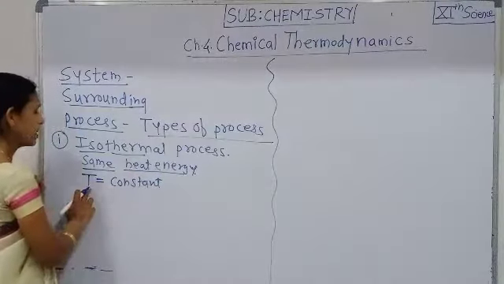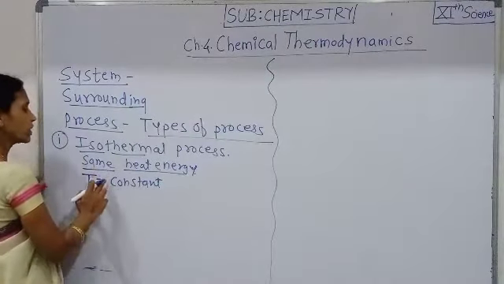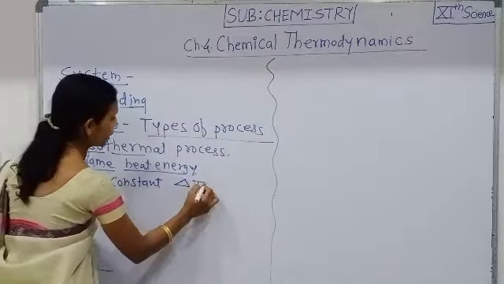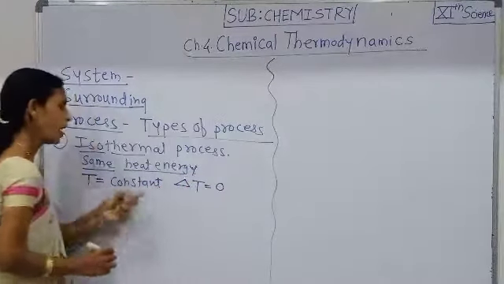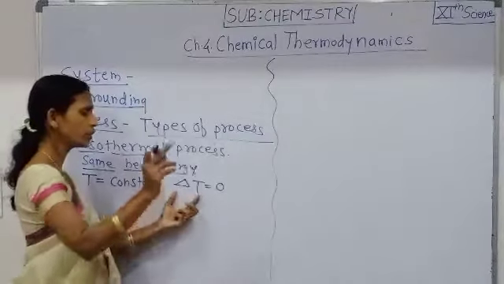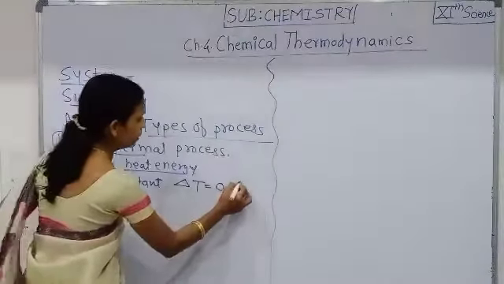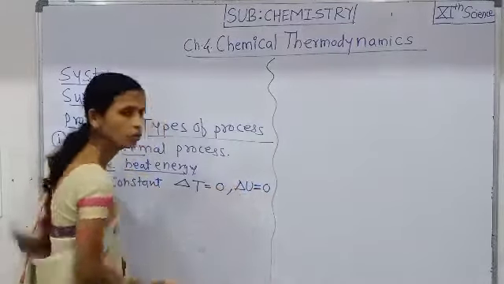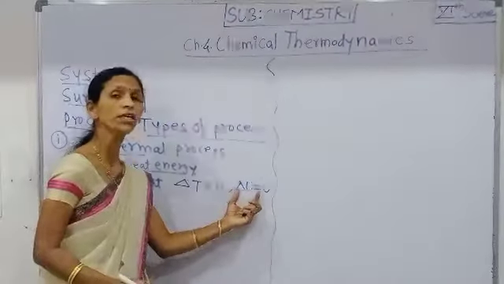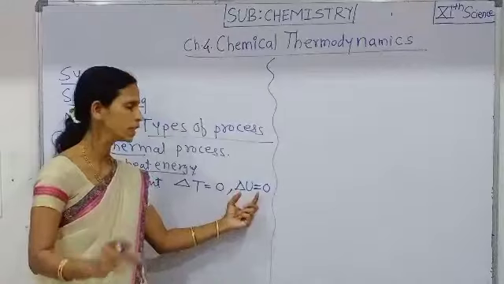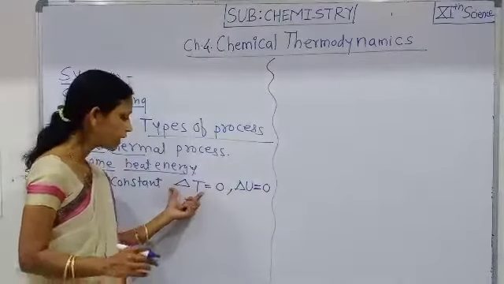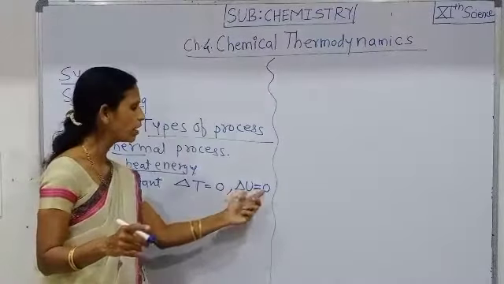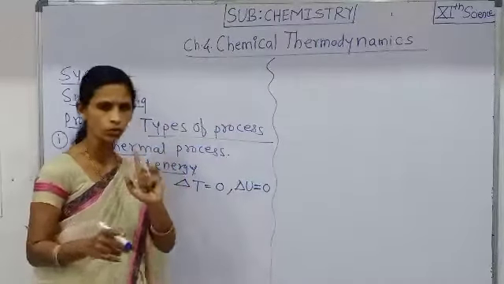Therefore the temperature of the system remains constant, so delta T is 0, and whenever delta T of the system is 0, then delta U should be 0. Delta U is the change in internal energy of the system. Whenever delta T is 0, the change in internal energy is also 0.